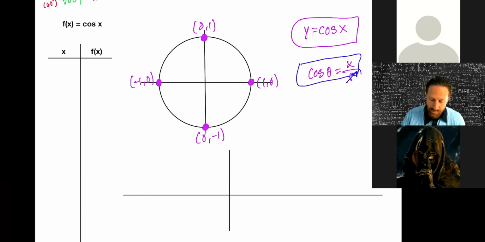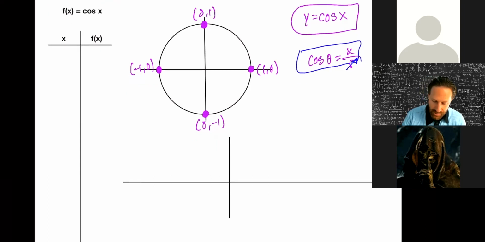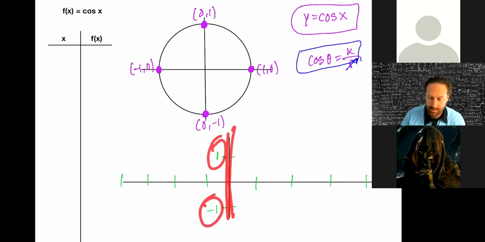So when I go to graph cosine, check it out. Let's label my 1, 2, 3, 4 quadrants in both directions. My y-axis, which were the highs and lows of ones, 1 and -1. But what do we say we wanted our x-axis to also be, since our y-axis is real numbers?